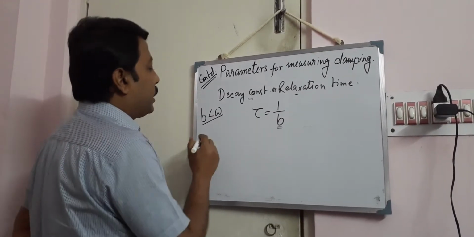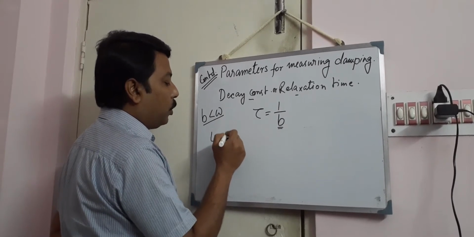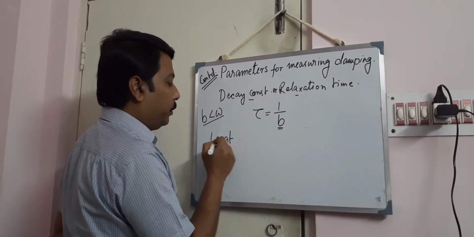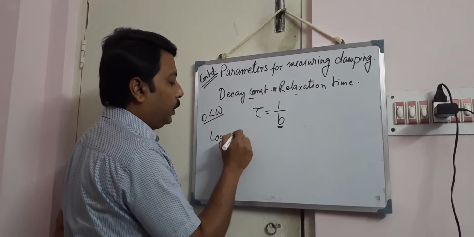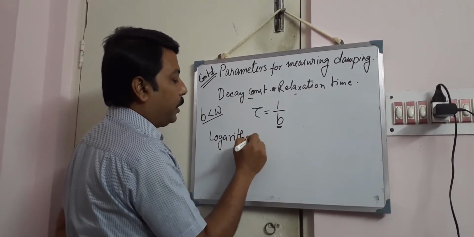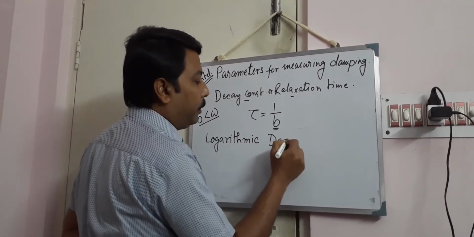Today we shall discuss a second parameter which is also used for measuring this damping, and this second parameter is called the logarithmic decrement.